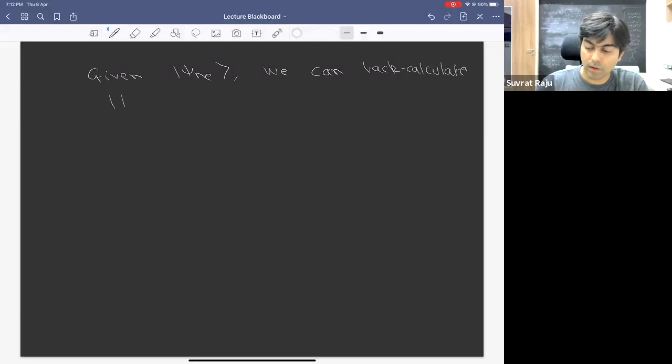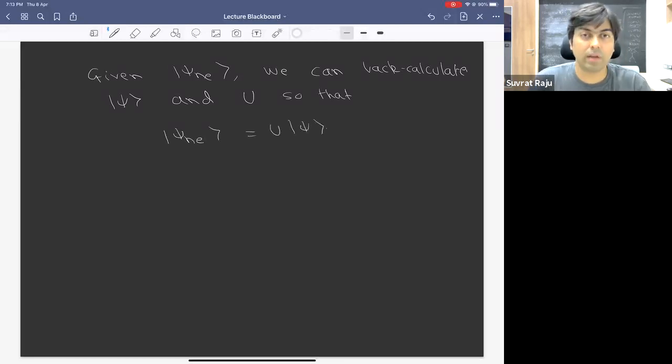You see, if you're given psi ne, we can back calculate psi and U, so that psi ne is equal to U psi. How can we back calculate the base equilibrium state and U?